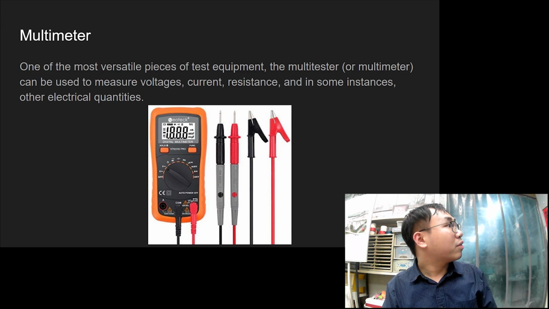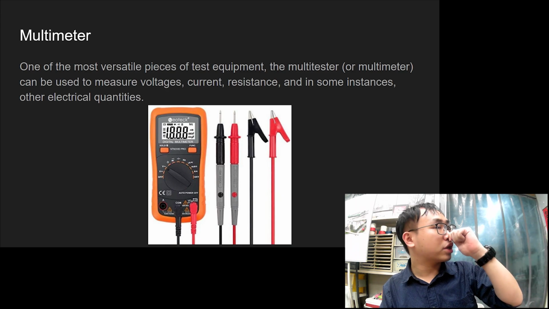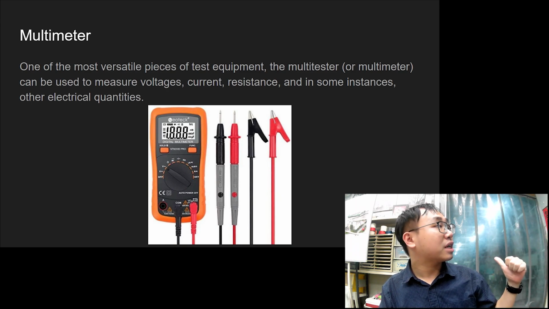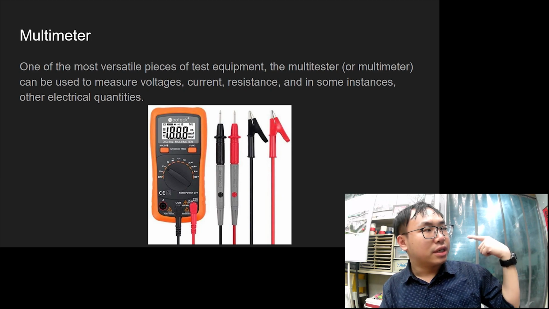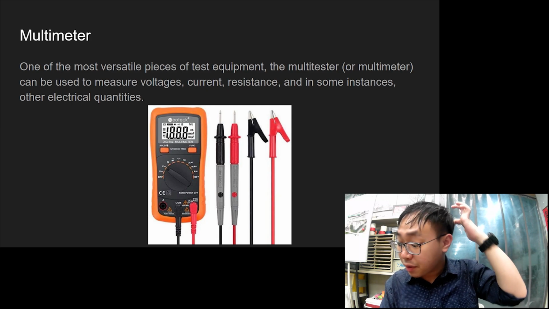So for a multimeter, it can measure voltage. It will measure resistance. It can also help to measure the current, the ampere.